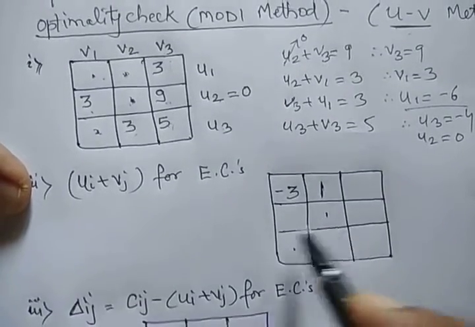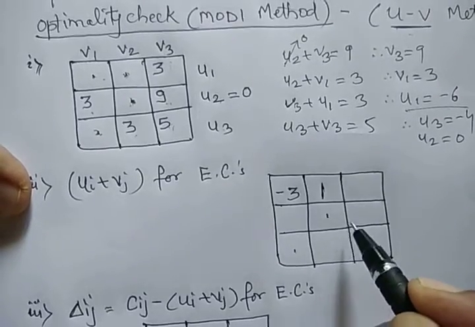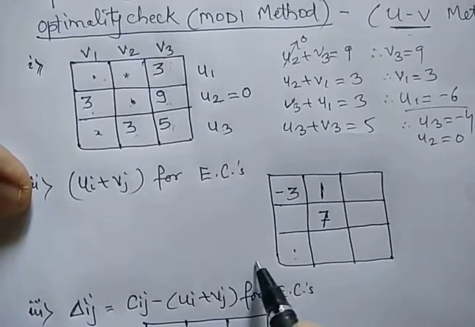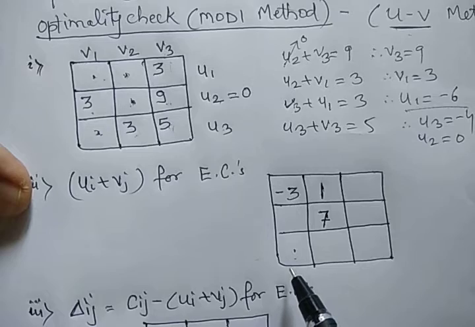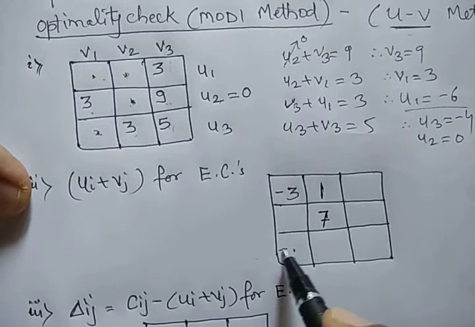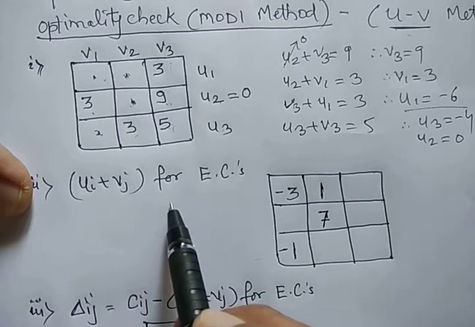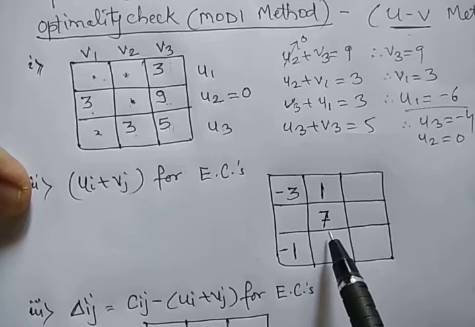What is the value here? U2 plus V2. U2 is 0. V2 is 7. So we get the value here as 7. What is the value here? U3 plus V1. So I get the value here minus 1. So using Ui plus Vj, find out the values for empty cells.